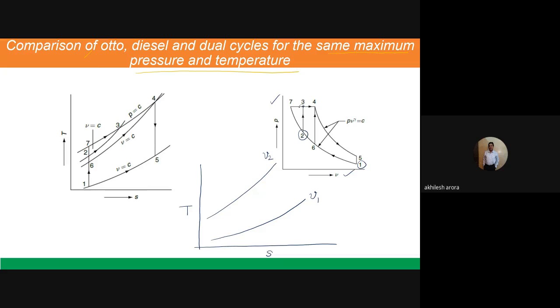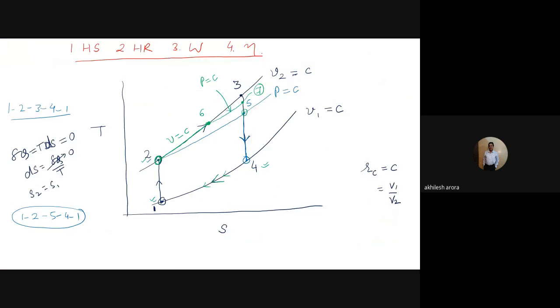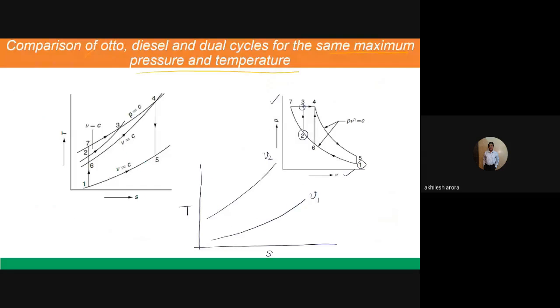So we go up to point number 3, and then I think there is some mistake here. The next process should have been, I think the diagram is the previous diagram. Let me check. Or maybe there is some problem in the diagram. Maybe some other diagram I might have used.